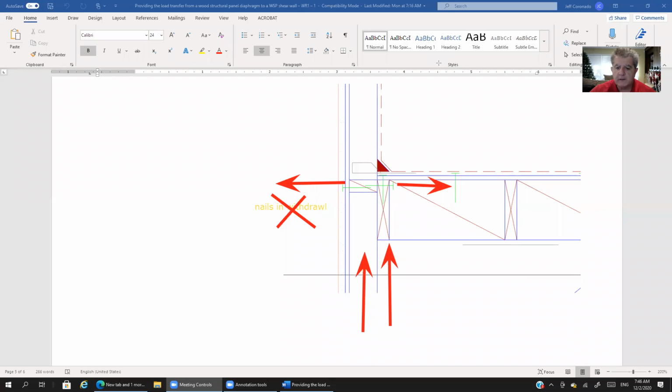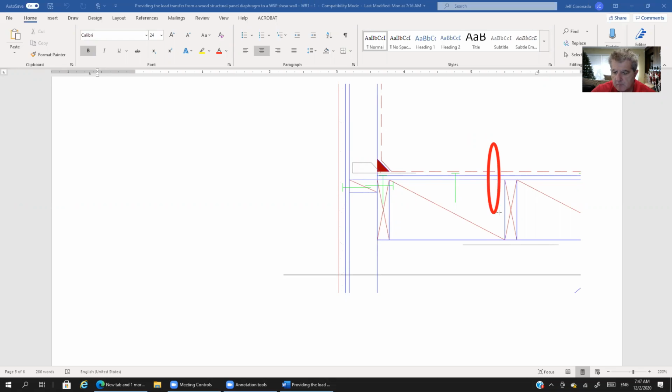So what we are transferring with these nails is the diaphragm force, in and out of our plane here. So let me see. I'm going to represent that with a circle and an X through it.